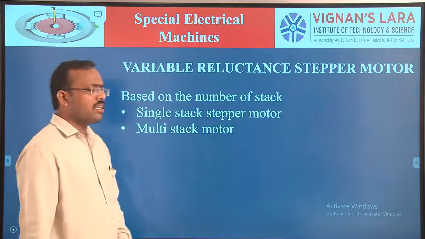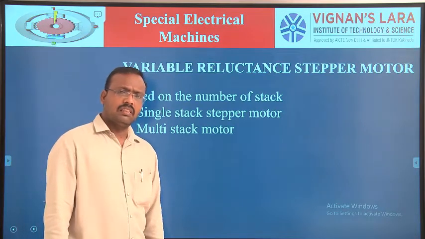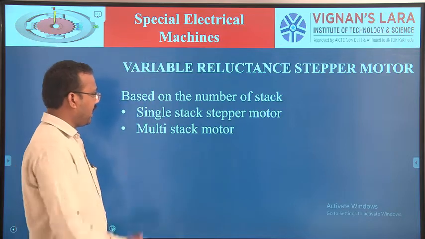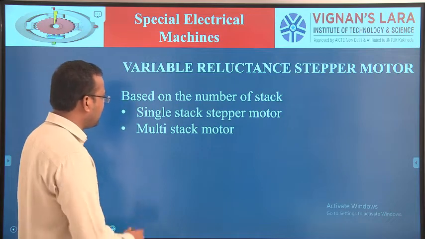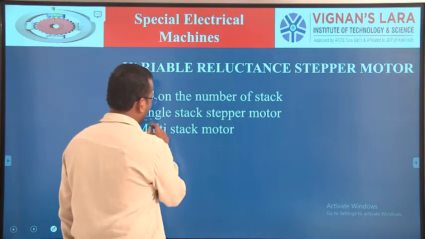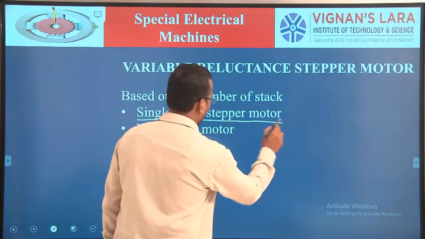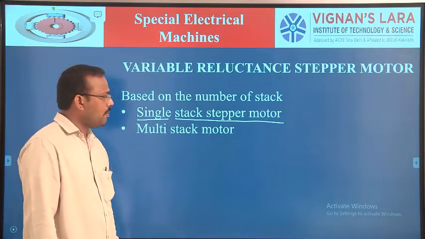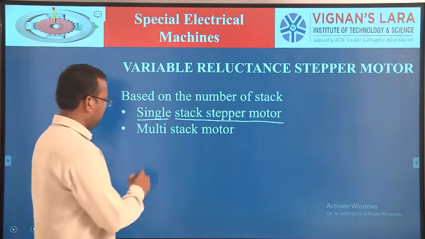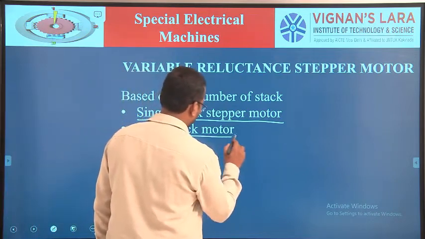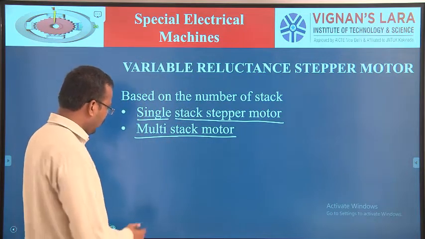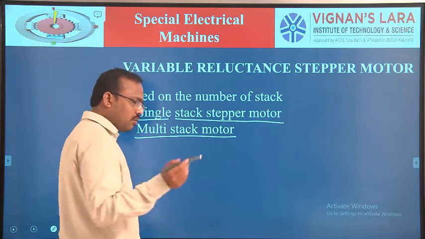Next, based on the number of stacks, the stepper motor can be classified into two categories. The first is the single stack stepper motor. The second is called the multi-stack stepper motor. We already discussed the single stack stepper motor, for example the 2-phase stepper motor.